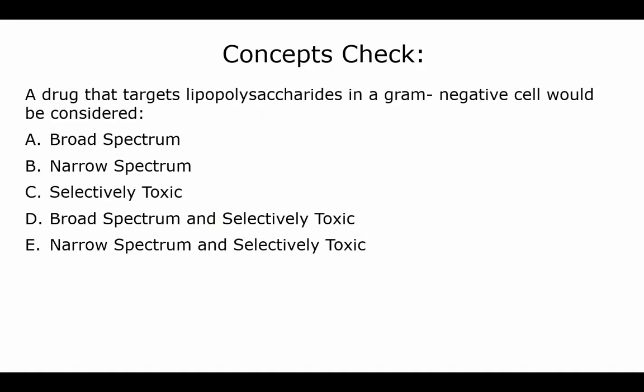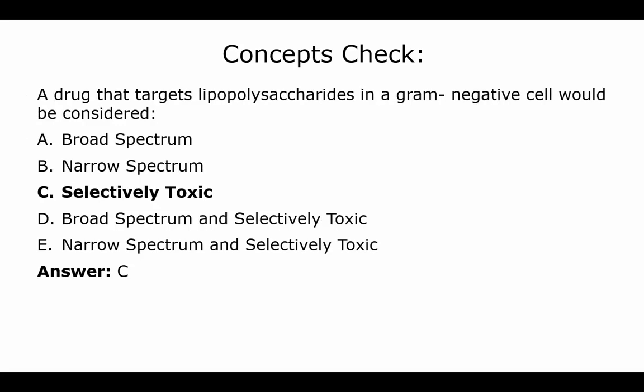So this leads us to our first concepts question. A drug that targets lipopolysaccharides in a gram-negative cell would be considered, is it specific or is it over a large group? Selectively toxic.